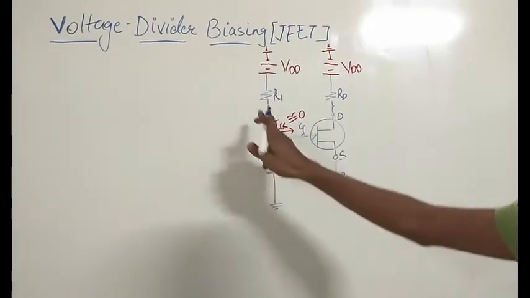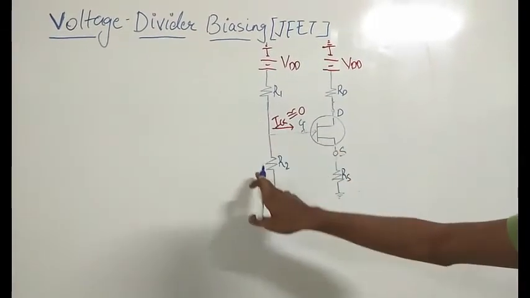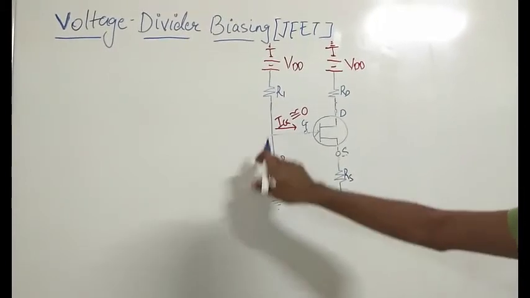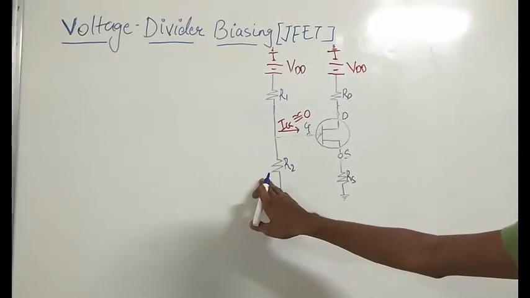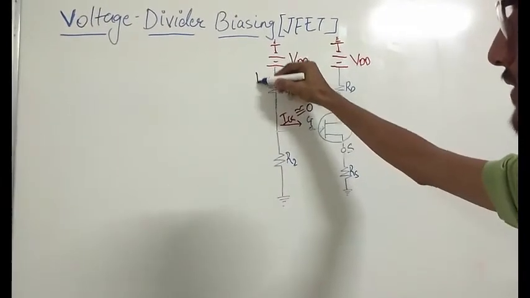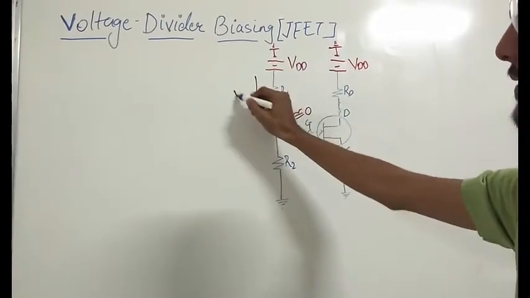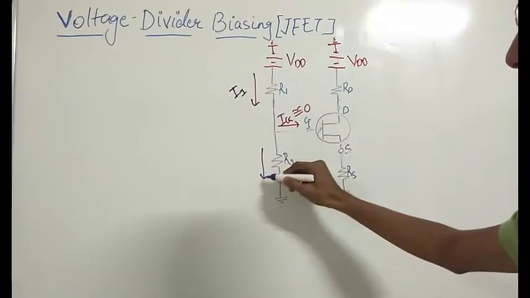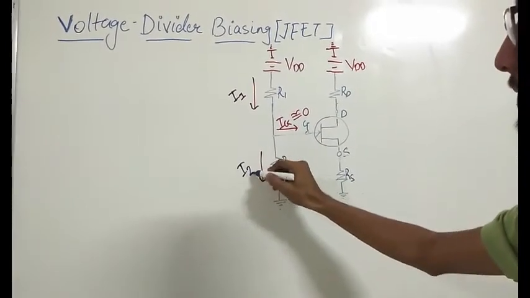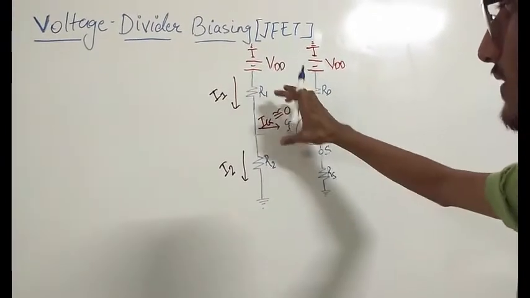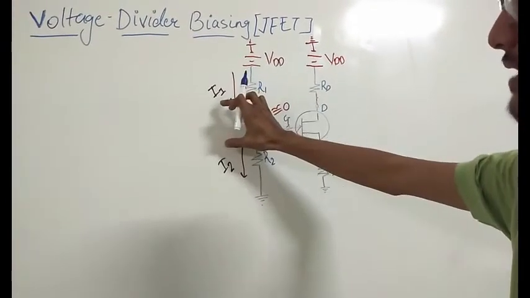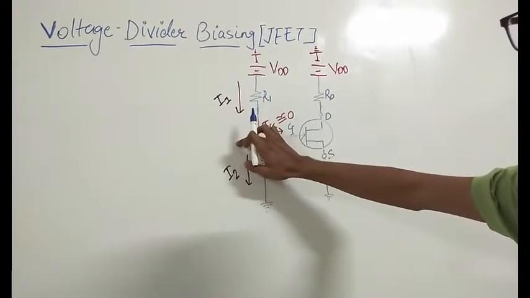The current through R1 is I1 and the current through R2 is I2. This is I1, this is I2. These both are in series, so we can write that I1 is equal to I2.